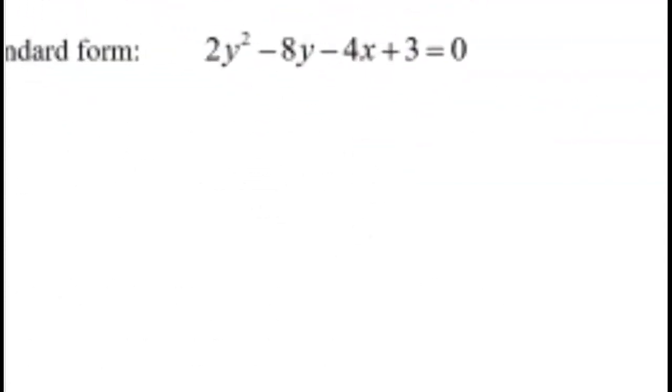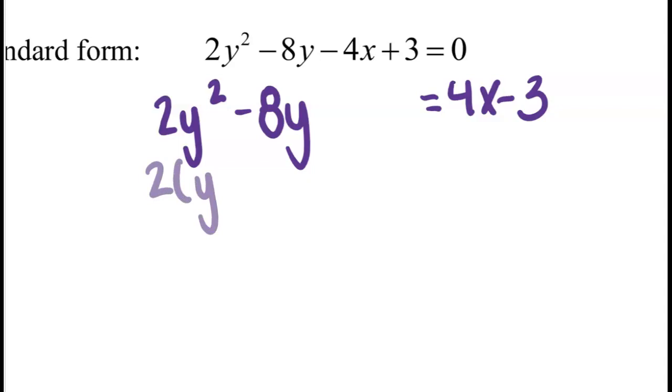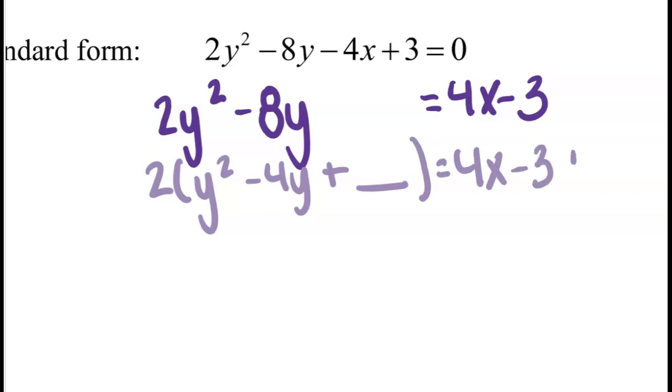All right, notice when I'm completing the square here, only one thing is squared, which means that everything else I need to move to the other side. So I have 2y squared minus 8y is equal to 4x minus 3. To complete the square, we take out the 2 plus blank, which I still need to remember to do over here.